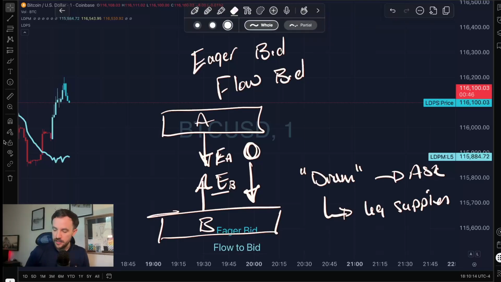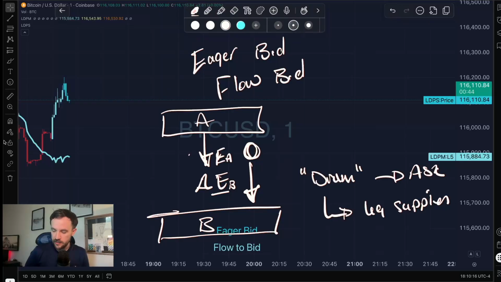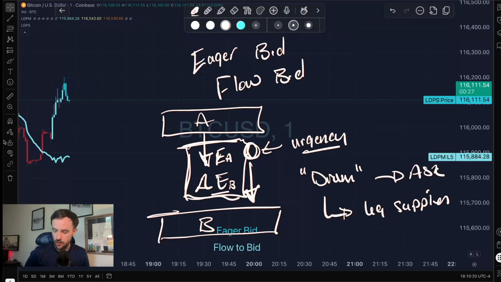And so basically this paints the picture of there being two eager parties right now battling it out. And it looks like the urgency is more on the eager ask side, even though you would think eager bid, price appreciation.